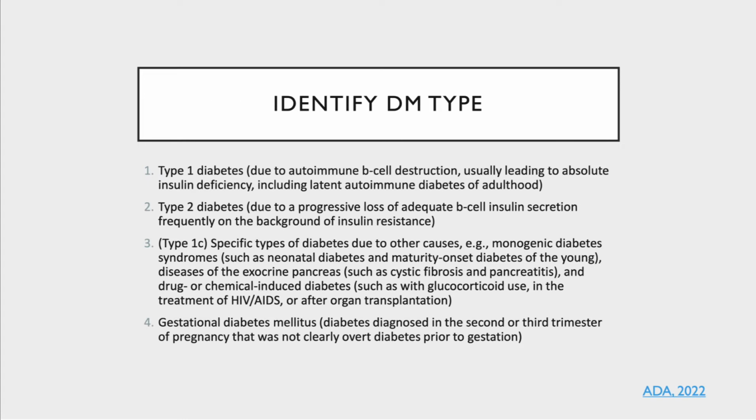When we are dealing with diabetes, the first thing that we have to do is make the diagnosis, right? And in order to do that, we have to understand the different types of diabetes. Everybody knows that autoimmune destruction of beta cells is type 1 diabetes. Type 2 diabetes is a progressive loss of beta cell function and concomitant insulin resistance.